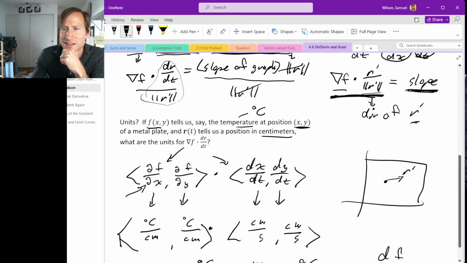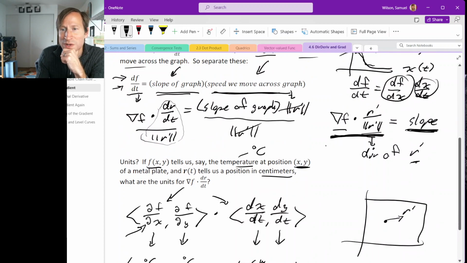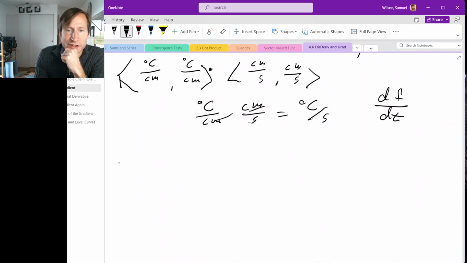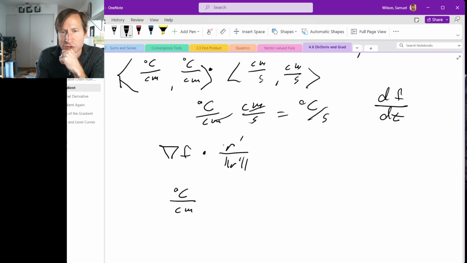But now let's look at the units that we get when we divide r prime by its own magnitude. So now we're going to look at the units for the gradient of f dotted with r prime over the magnitude of r prime. The units for the gradient of f are degrees Celsius per centimeter. And then the derivative of r is in centimeters per second, divided by the magnitude of the derivative of r, which is also in centimeters per second.